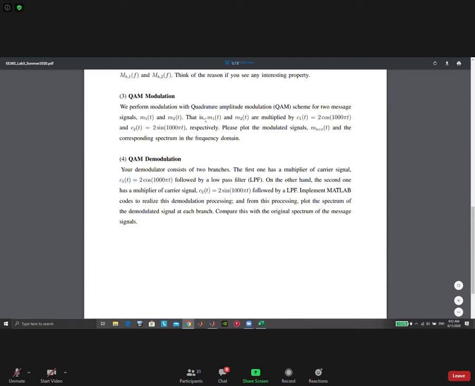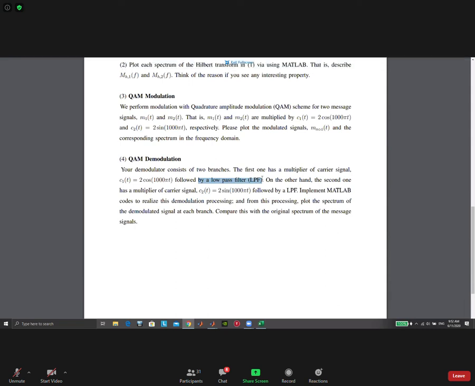So if M1 is multiplied by C1 and broadcast, then in the receiver, if we want M1, that sum here must be multiplied by C1 and followed by a low pass filter, for which you will use the techniques I showed you in lab 2 to design the filter. Same thing as well. And the second branch, C2, will be multiplied by this sum to get M2, and filtered as well.